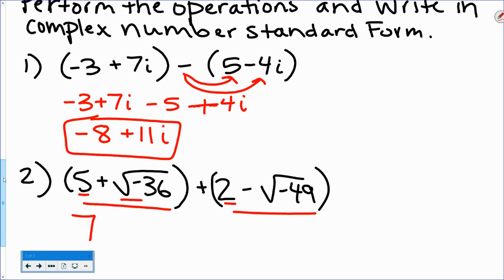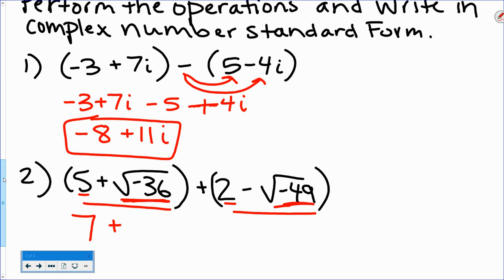Now right here, when I have the square root of negative 36 and the square root of negative 49, I can't put those things together right now because it's not in a form where I can do so. So I must put it using the imaginary unit i so that I can combine those together.